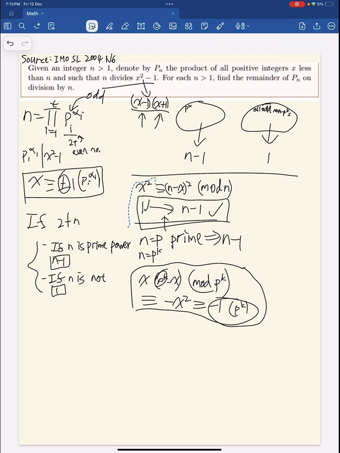Now the final case is where n is even. Let's say it's 2 to the k times another one of these. To be honest, this is pretty similar. We also have these.